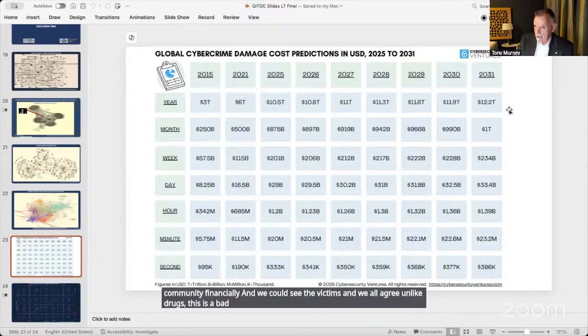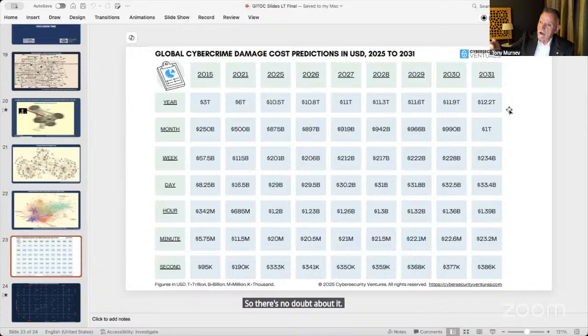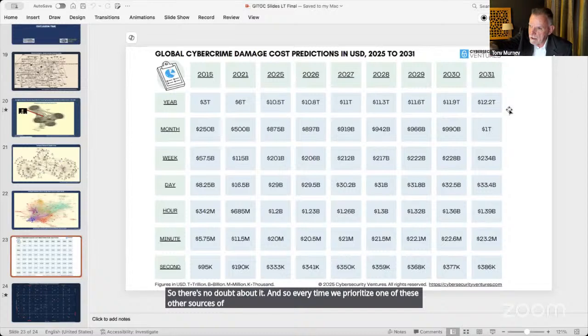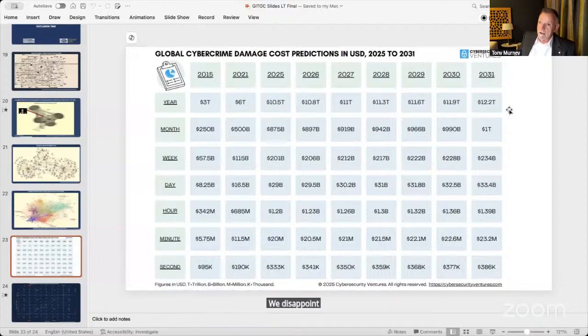So there's no doubt about it. And so every time we prioritise one of these other sources of transnational crime, with this particular category growing so rapidly, we disappoint the community. And unless we do something about this, we're not going to be able to bring this under control.